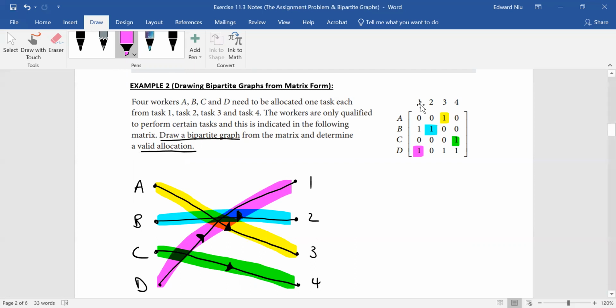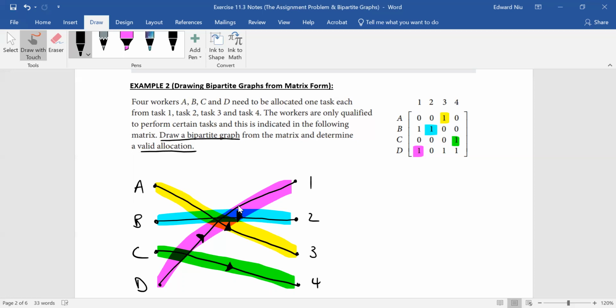But I think you get the gist. Everyone's been allocated a job, and you always start with the person who has the least qualifications in doing certain jobs. All right, so determine a valid allocation. Oh, already, that's what we just did.